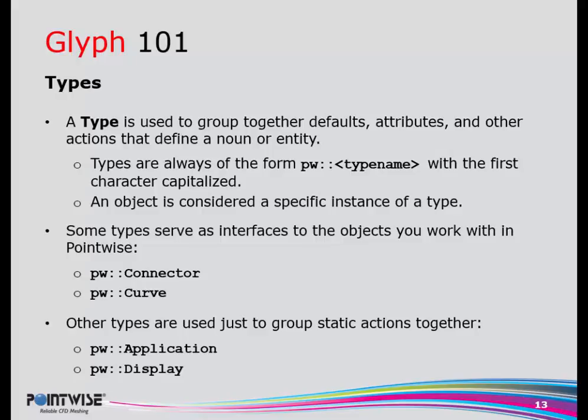So for example, in the bottom here, you can see pw::connector. Connector is the type. Any instances of that type would be considered a connector object. Okay? So some types are interfaces to the objects that you work with in Pointwise, like connector and curve, but other types just group together commands, like application, which will hold all the I/O commands, display, your display manipulation commands, etc.